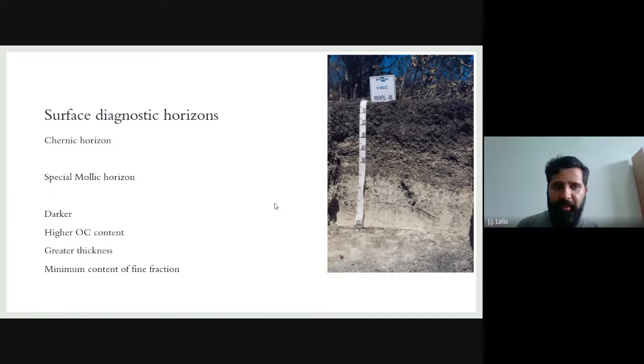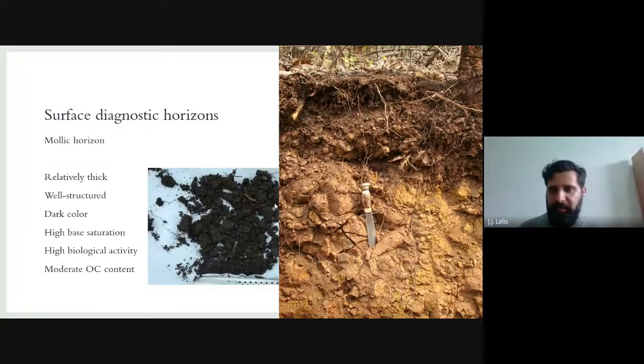We also present the Chernic horizon. The Chernic horizon is a special Mollic horizon. It's like a Mollic horizon, but it's darker, presents higher organic carbon contents, demands a greater thickness, and demands a minimal content of fine fraction. So the Chernic horizon couldn't present a high content of coarse fractions like gravels or stones or rocks, like I can see here.